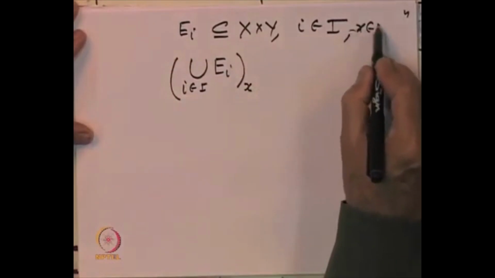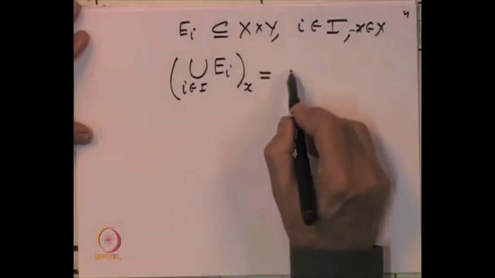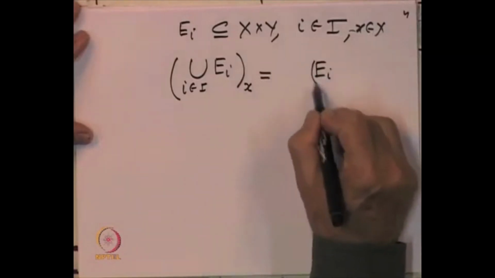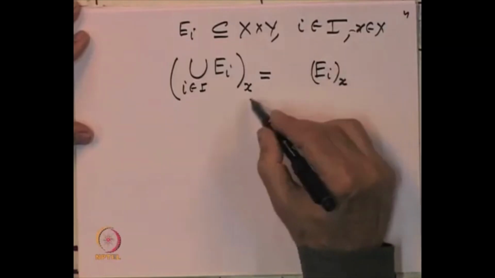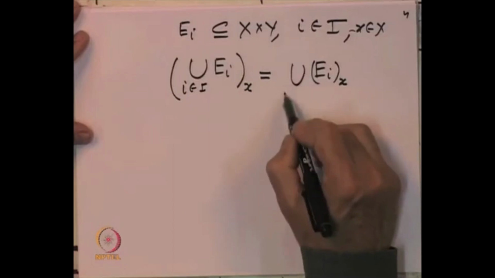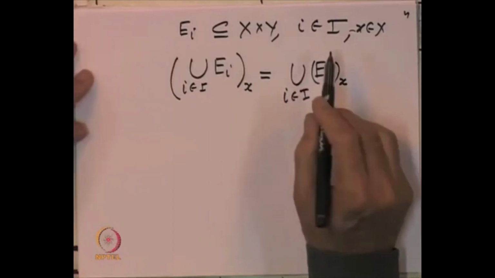So, let us take a point x in X. We want to show this is the same as, for each one of the E i's, taking the section at the point x that we have fixed, and then taking its union over i belonging to I.